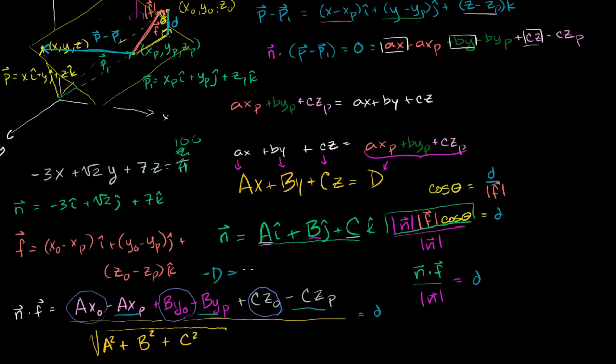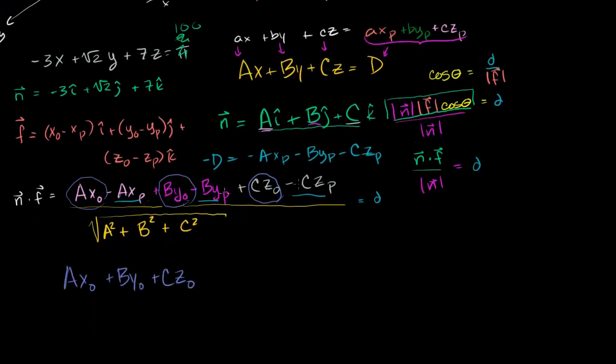Negative d would be negative a xp minus b yp minus c zp. Lowercase a is the same as this uppercase A. I'm just using what we got from the last video. This is what d is, so negative d will be this business.